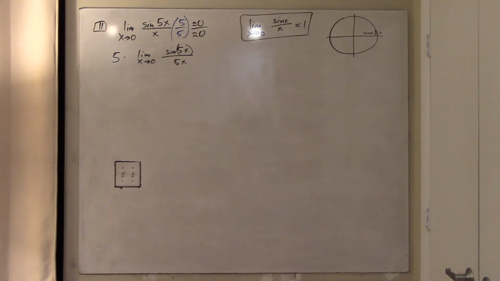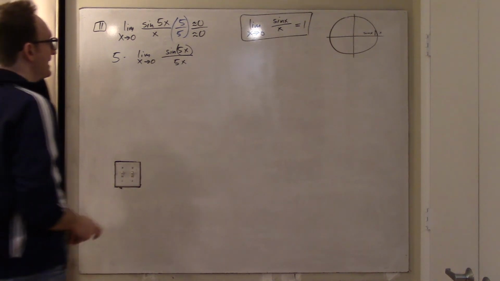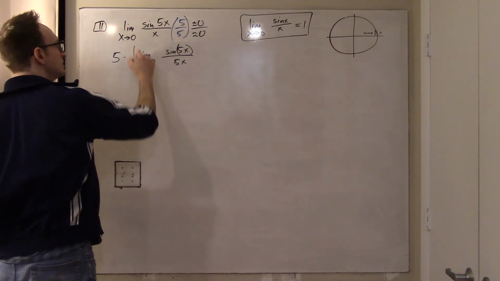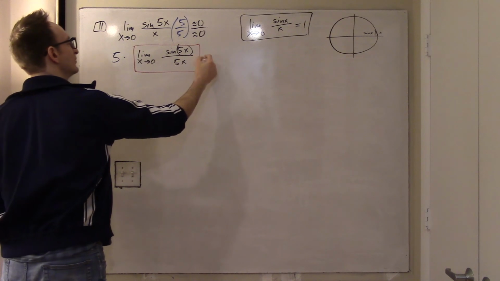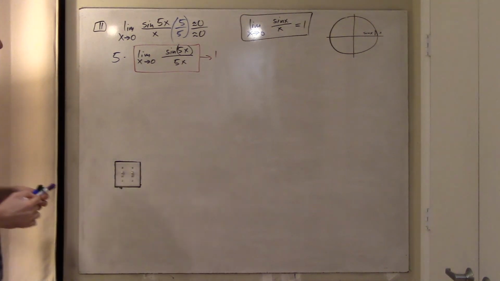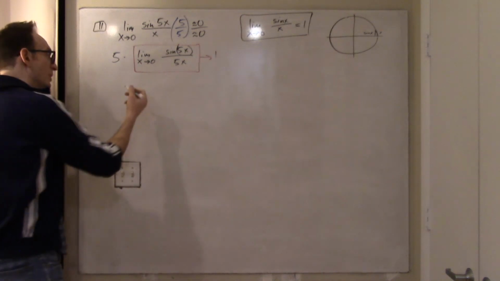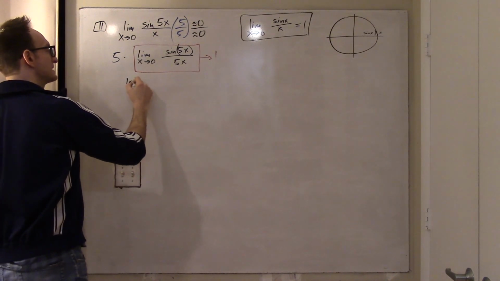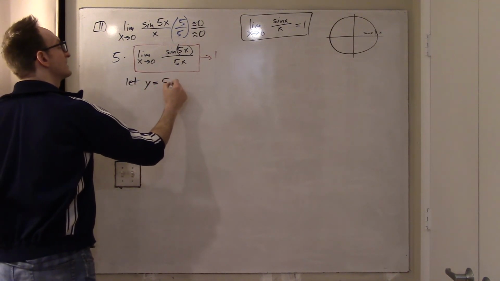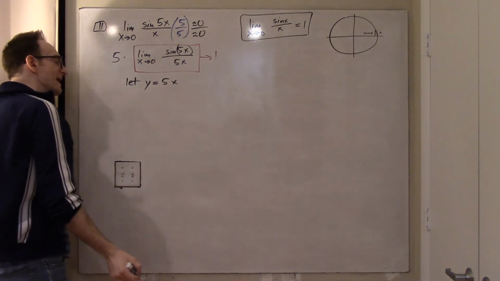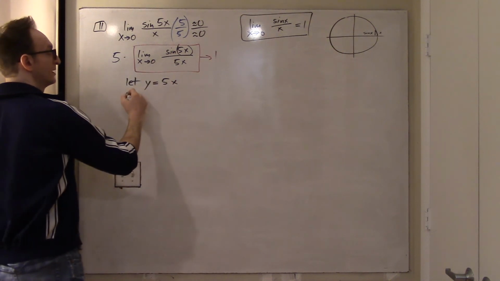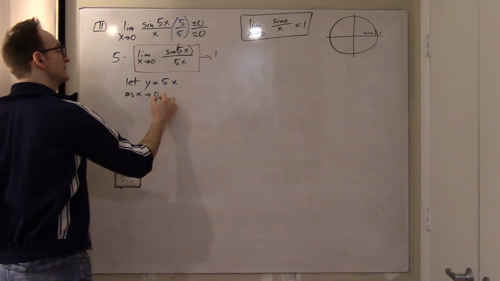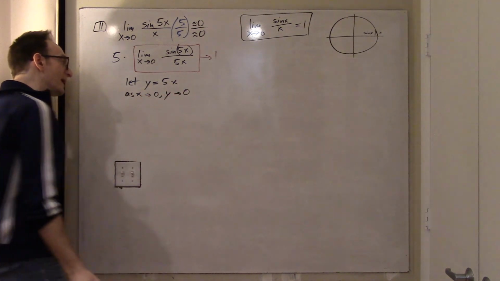So it's really just that simple. And if you don't quite believe this, or you want to be even more confident, you could always switch variables. You could do a variable transformation: let y be 5x, for example. Then you can observe that as x goes to 0, of course y goes to 0 as well.